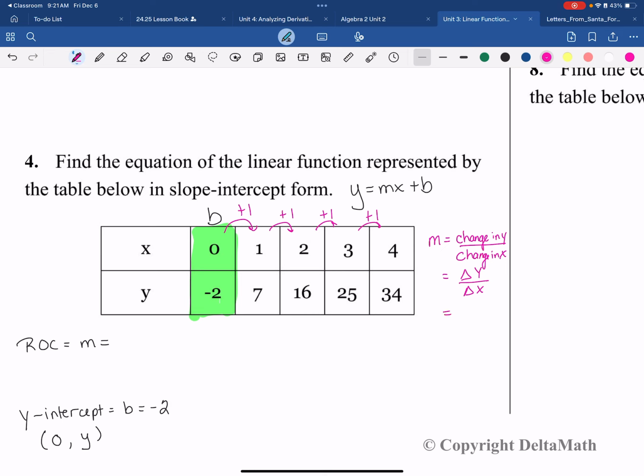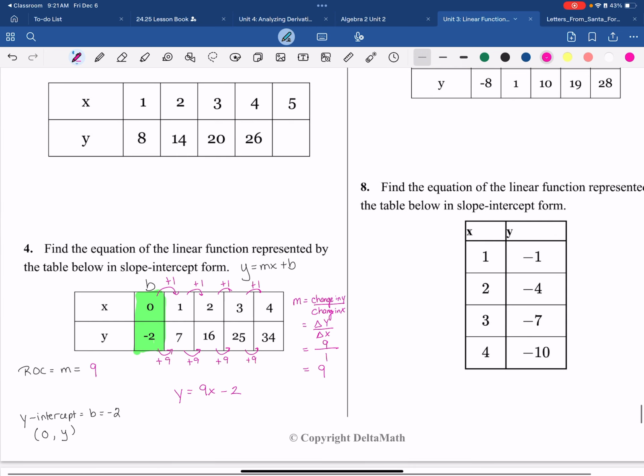So my change in x is 1, because I'm adding 1 each time. My change in y, I'm adding 9, adding 9. I want to make sure it stays the same all the way throughout. In this case, it does. My change in y is 9, which means my slope is 9. So my equation is going to be y equals 9x subtract 2. So again, I found my y-intercept by figuring out where my x value was 0, and then I did my change in y over change in x to figure out what my slope was.